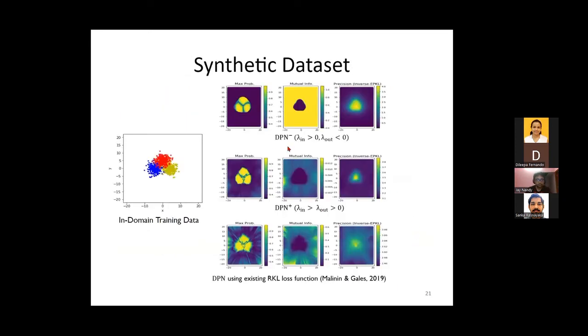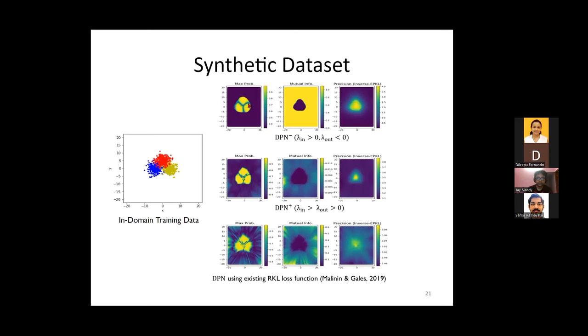If we look at a synthetic dataset, with the same example we started with, we have three classes, and we train a standard classification model on these three classes. A standard classification model gives a representation which correctly identifies the in-domain examples, but it produces very high uncertainty in the overlapping cases, and also outside the in-domain examples it produces very high uncertainty.